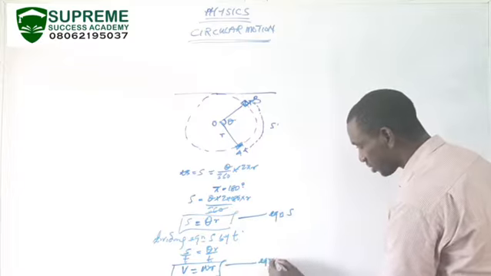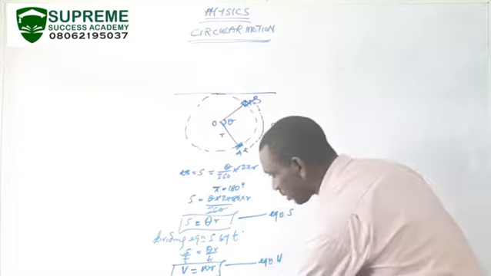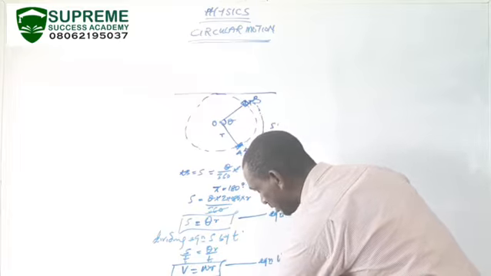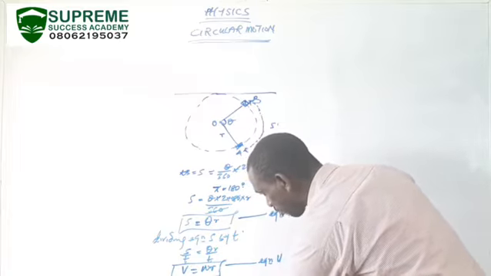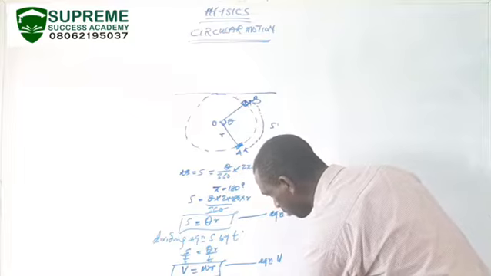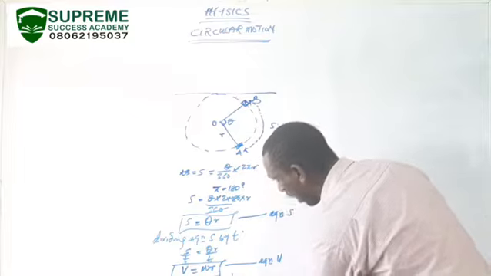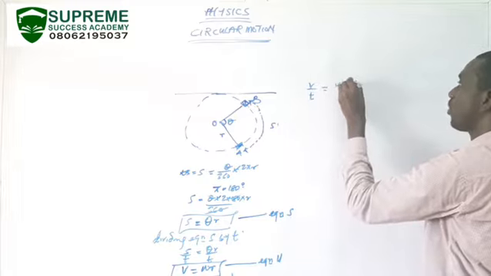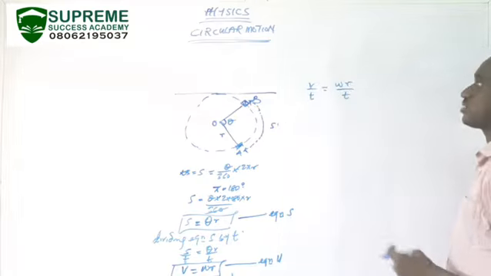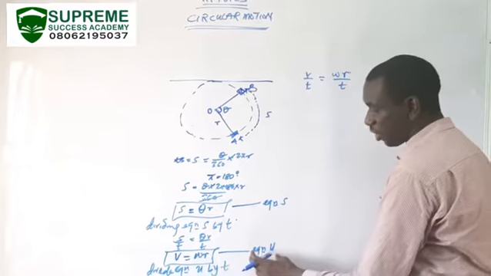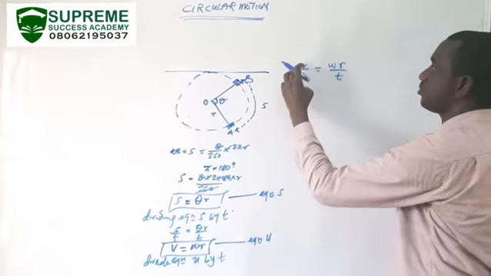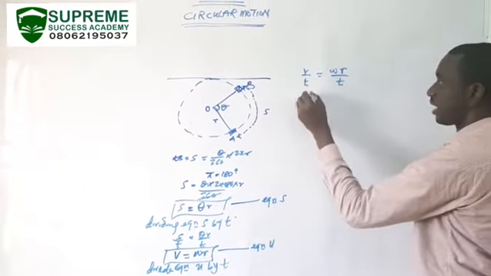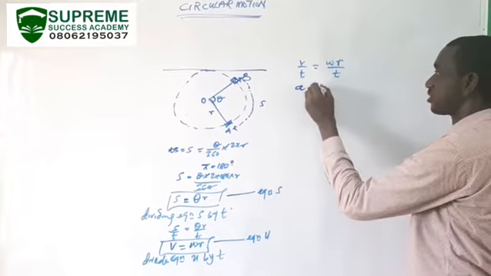Call this equation U. Then also divide equation U by T. You have V over T equals WR over T. So dividing your equation U by T, you have V over T. That gives you your linear acceleration.